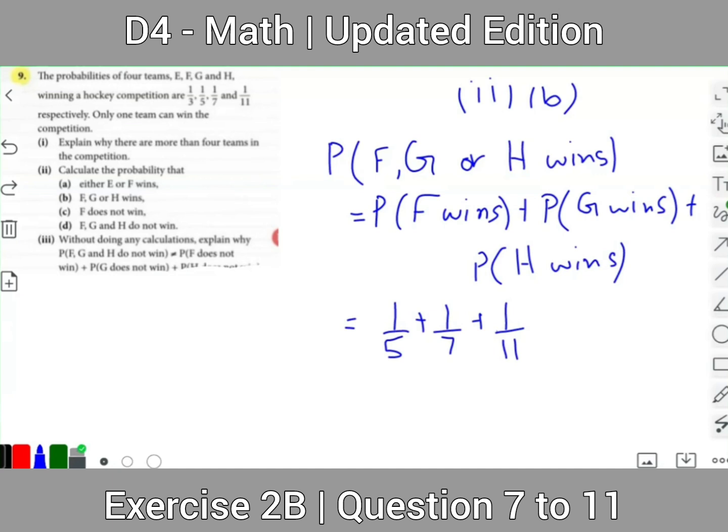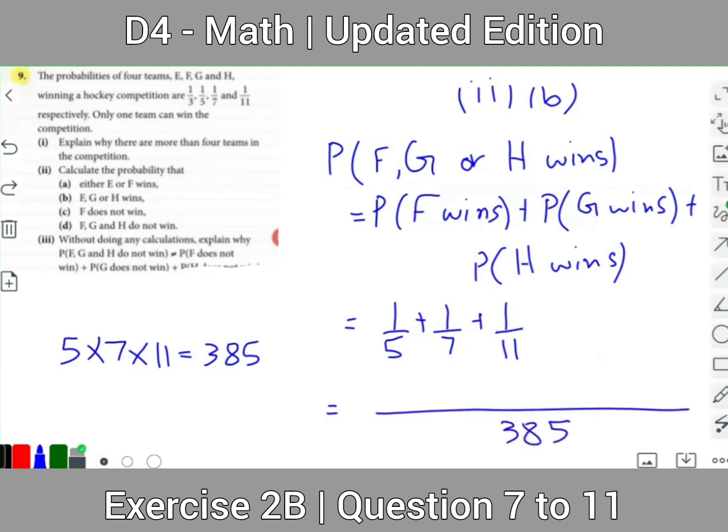Since these three numbers are prime numbers, so we will just take the product of these three numbers, and that is 385. The LCM is 385. Now we will check the three numbers one by one, where 385 divisible by 5.